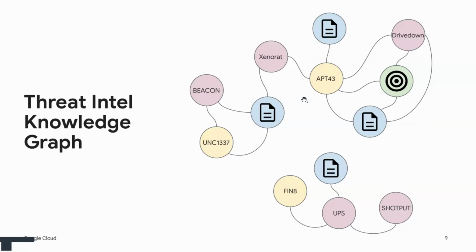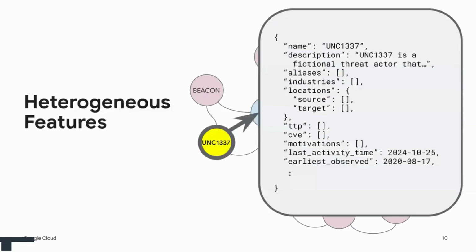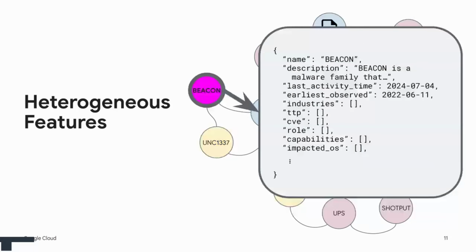And not only do we have these highly heterogeneous items, but they also have heterogeneous features and feature distributions, right? So for example, if I pull up UNC1337, this fictional group, this is going to be represented as a JSON object with different characteristics for threat actors. So things like the industries and locations they target, the source location of the threat, the TTPs and vulnerabilities they tend to use, right? And then we have different features for other objects.